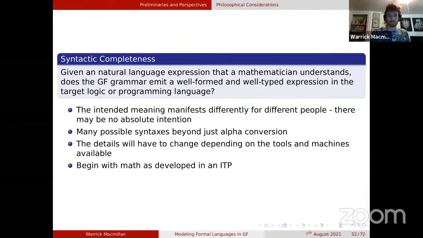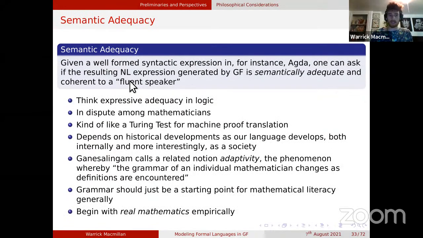And then we can also begin with math as developed in an interactive theorem prover when we're designing a grammar based off this criteria. Dual to it is semantic adequacy. Given a well-formed expression in Agda, for instance, one can ask if the resulting natural language expression generated by GF is semantically adequate. So basically, is it coherent to a fluent speaker?